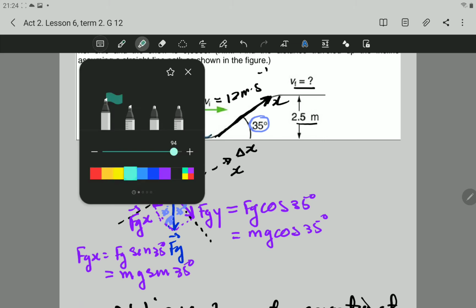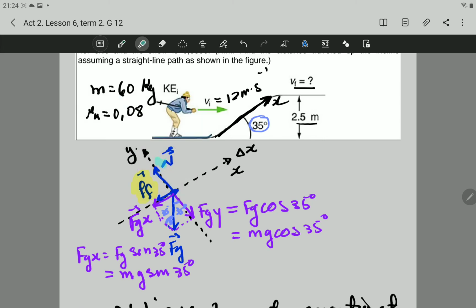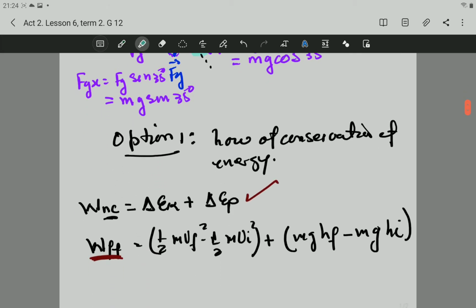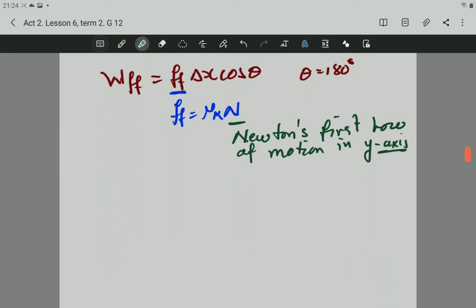What are the forces in the y-axis here? This is the y-axis. The forces that you can find in the y-axis are the normal and the gravitational force, or the component of the gravitational force in the y-axis. The object is not moving there. The net force is 0 in the y-axis, and therefore we use Newton's first law.